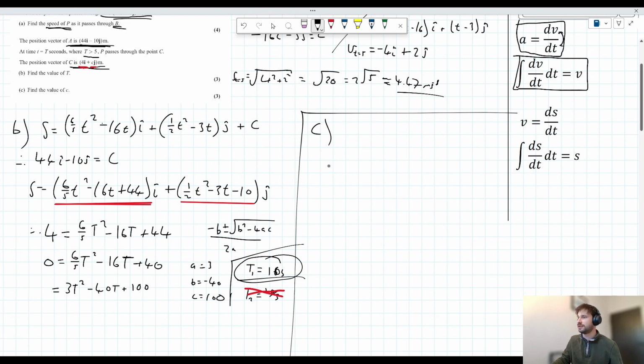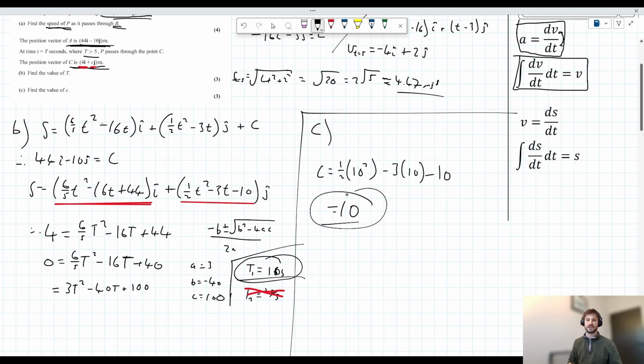It's equal to 10. So we could say then that lowercase c is equal to 1/2 times 10 squared minus 3 times 10 minus 10. So that's going to be 50 minus 30 minus 10. That's equal to 10. So we can say that c is equal to 10.